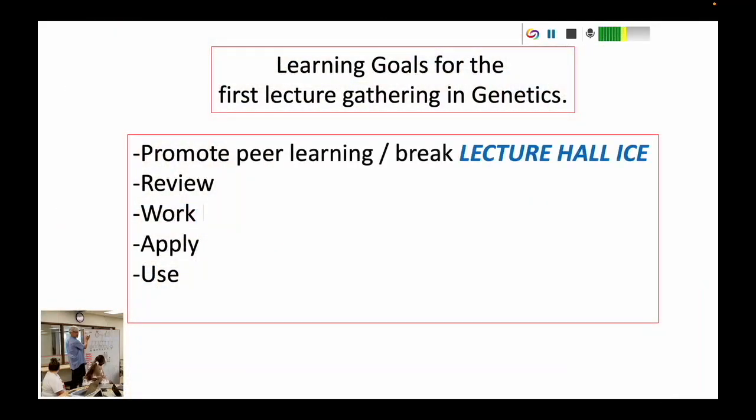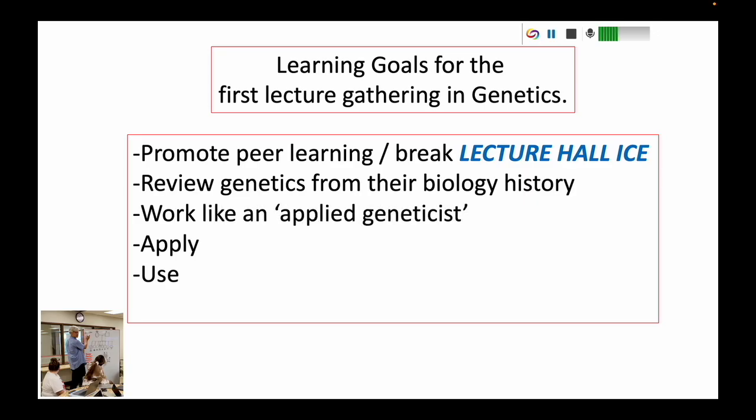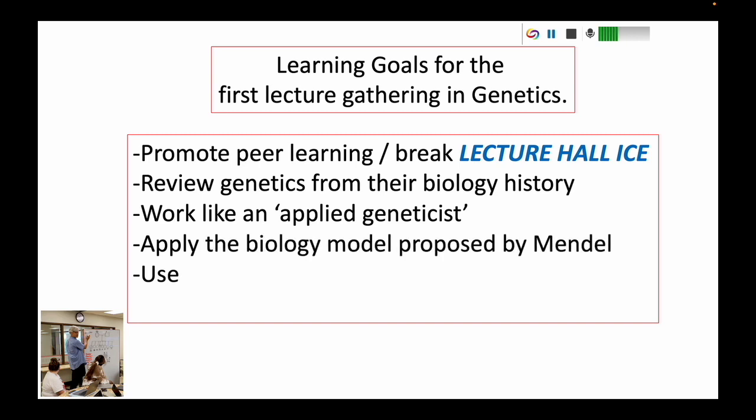Here are the goals I would have for the students when we gathered that day. First time together in the lecture hall, we have to do some ice breaking and promote peer learning. We're going to review a little bit of genetics they would have come in with some understanding of from their past biology learning, but the focus of our time together is to work like an applied geneticist, and you'll see what I mean by that.